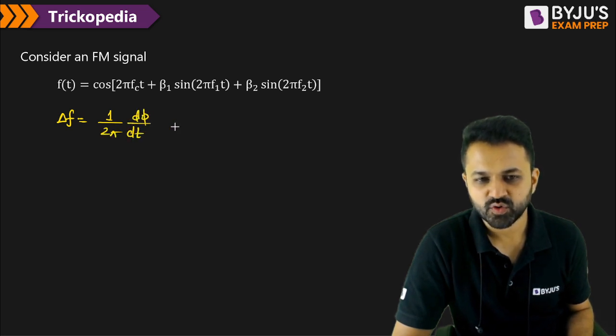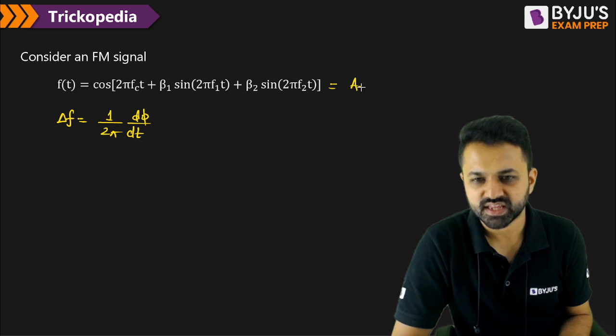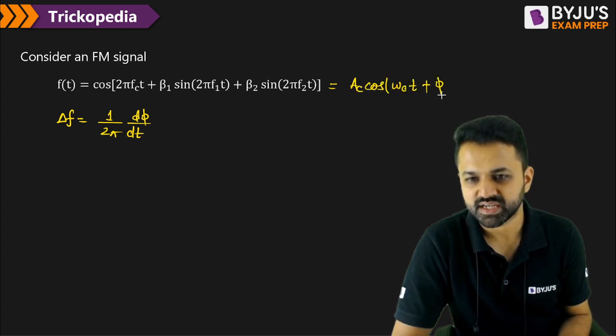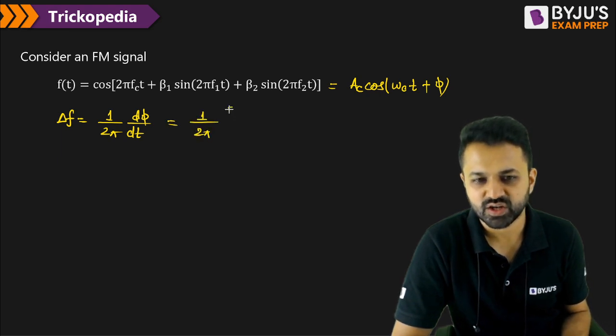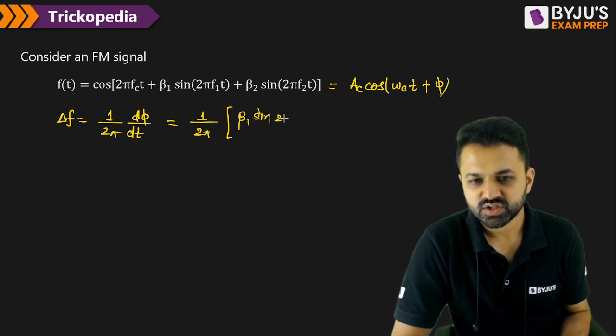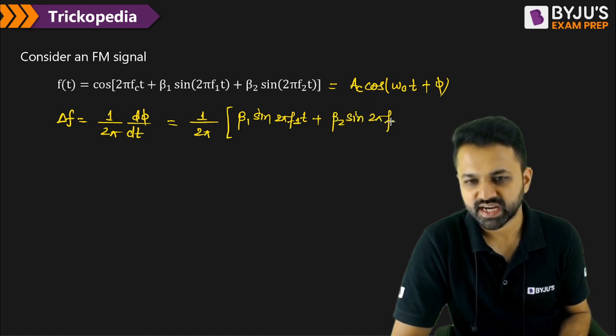If you compare the above equation with the standard form omega c t plus phi, the phase phi is beta 1 sine 2 pi f1 t plus beta 2 sine 2 pi f2 t.